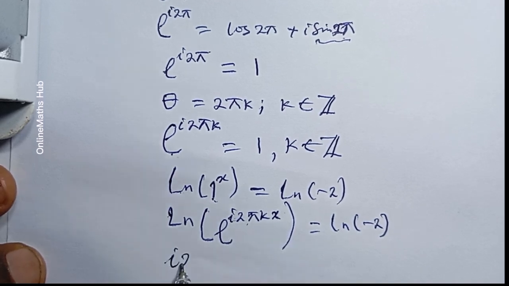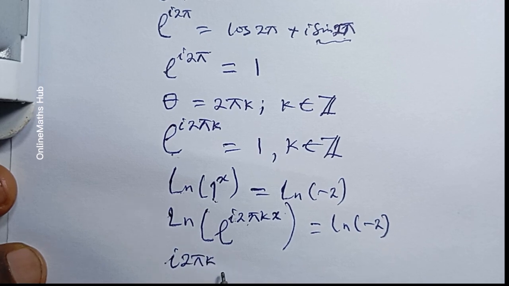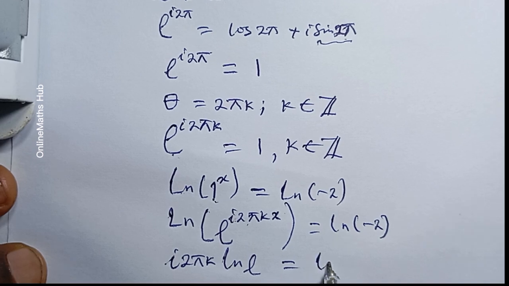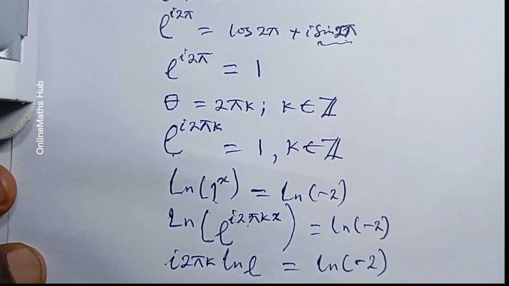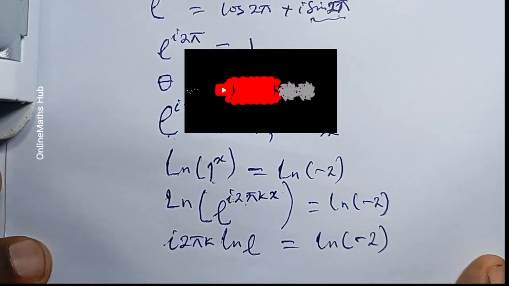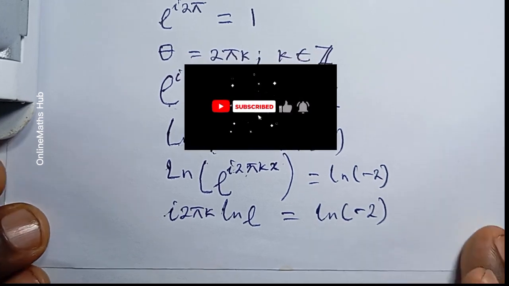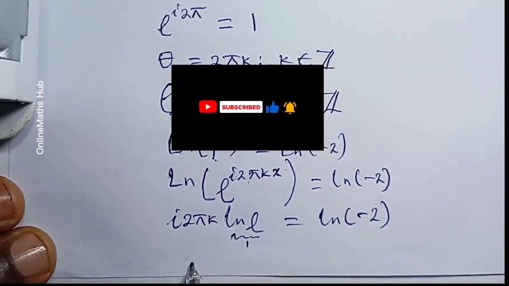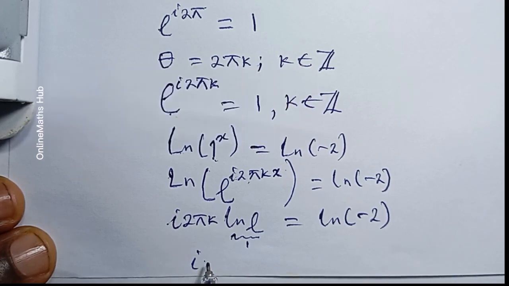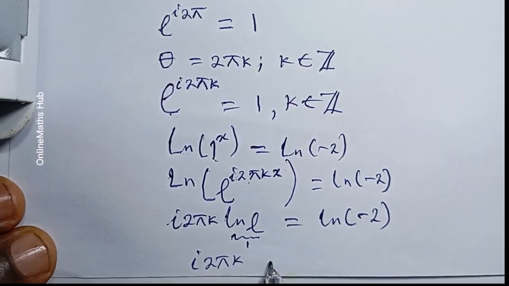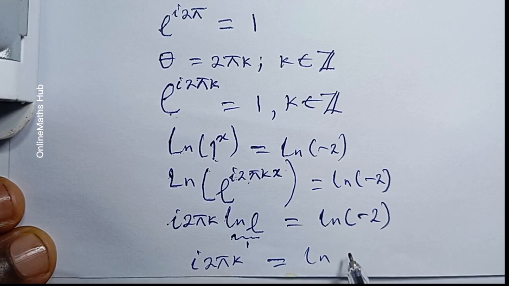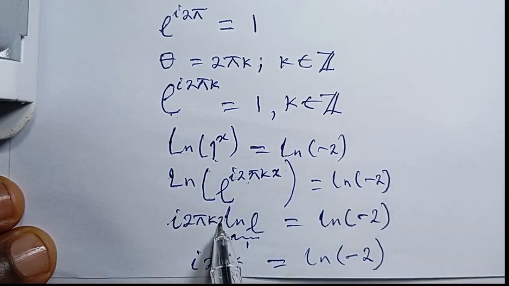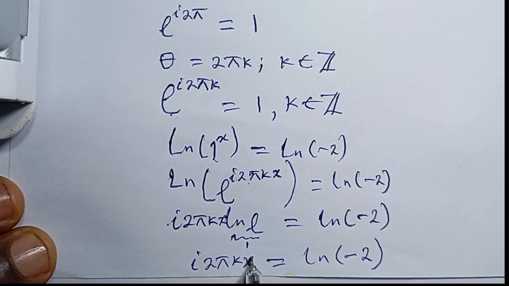So I have x times i 2 pi k times the natural log of e equal to the natural log of -2. At this point you see that the natural log of e is equal to 1. So what I'm going to have is x times i 2 pi k equal to the natural log of negative 2. Sorry, there is an x here, don't miss that.